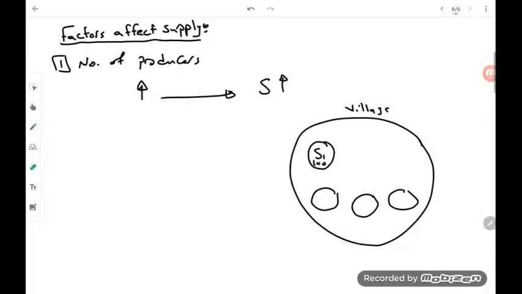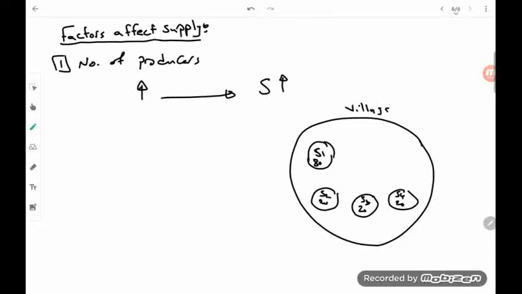Even if the first one is not going to supply 100 units, he is going to supply just 80 units. And let's assume that the second supplier is going to supply 20 units, the third supplier 20 units, and the fourth supplier 20 units.